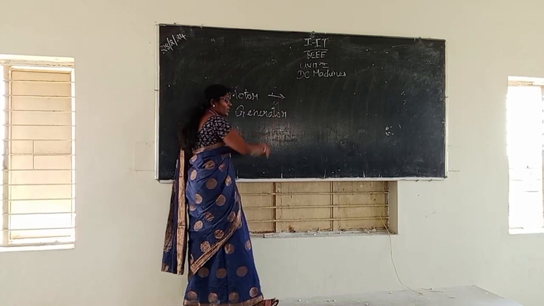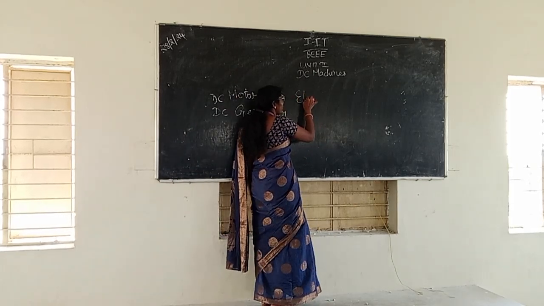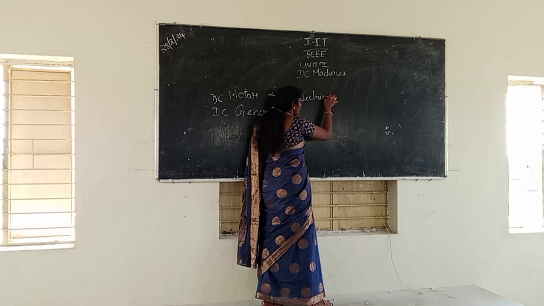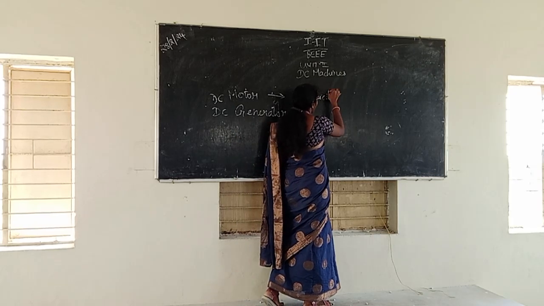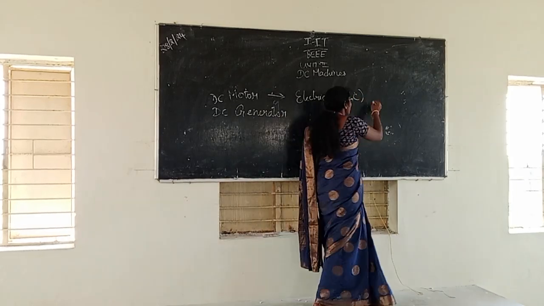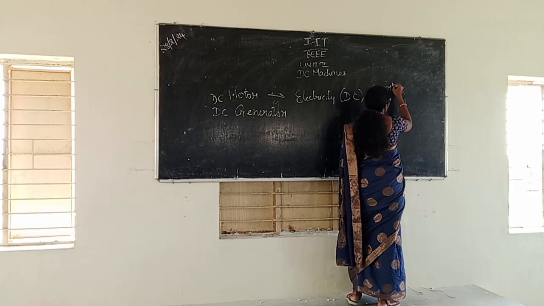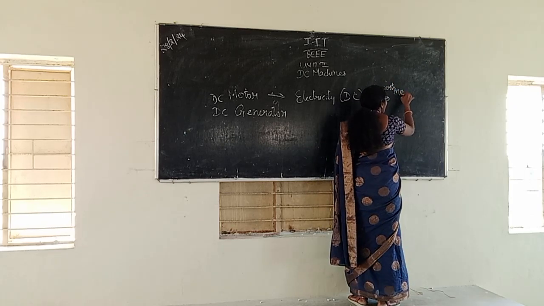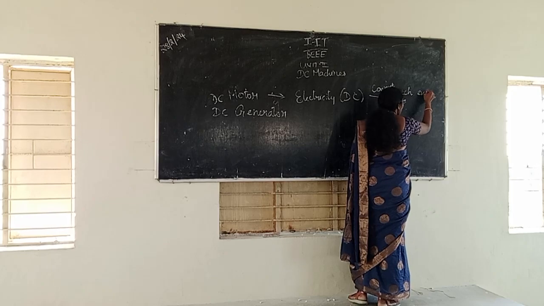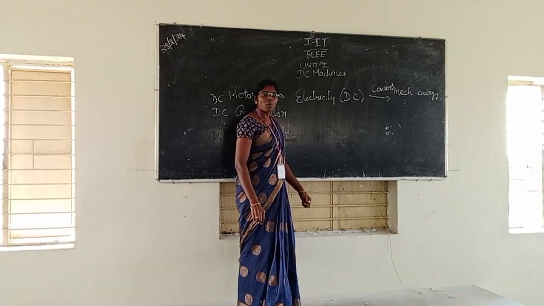One DC machine as a motor, and the other one as the DC generator. So the DC motor, what is it doing? We are giving electricity in the form of direct current, and it converts it into mechanical energy, which means the motor is rotating. This is a DC motor.